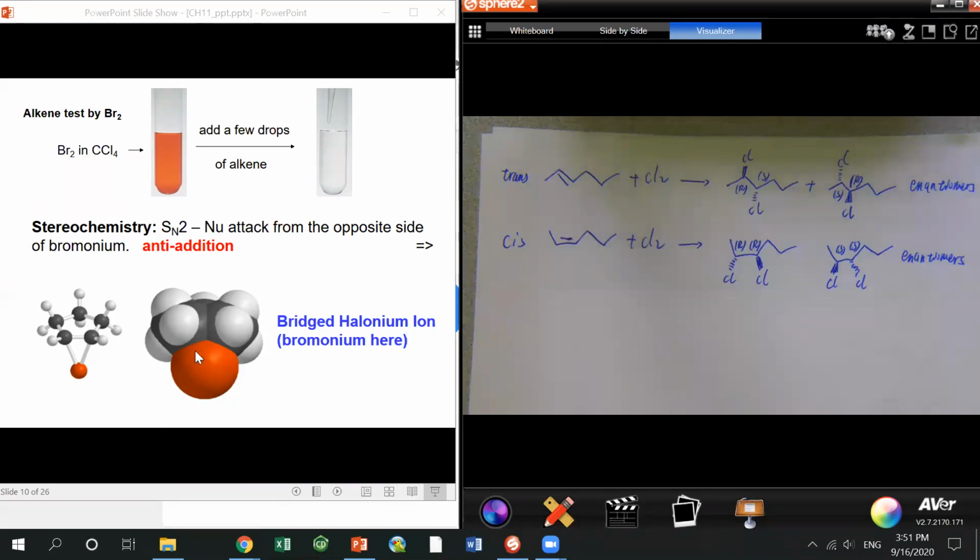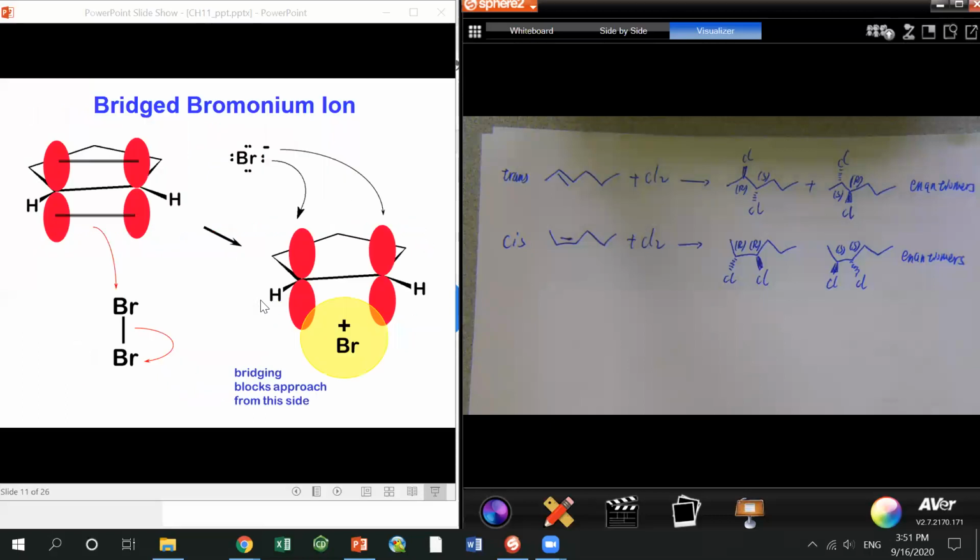This orange ball is bromine, which is very huge, so it totally blocks the front side, the bottom side of this molecule, the triangle. So when the nucleophile comes, it can only come from the top and open this triangle. Similar thing shown here: the bromine is too big and blocks just the front side, so bromide can only attack from the back side. That's why it's anti-addition.